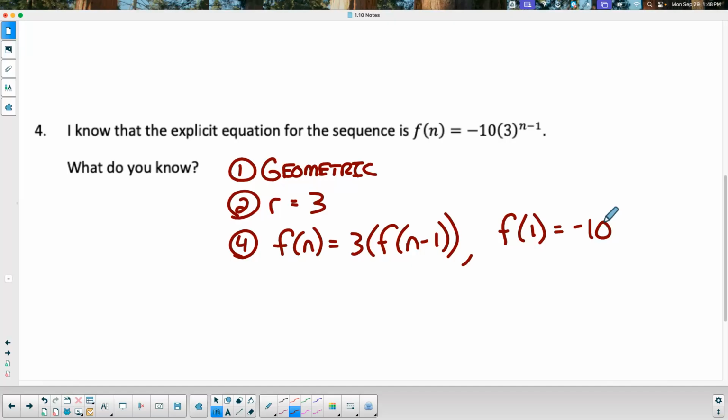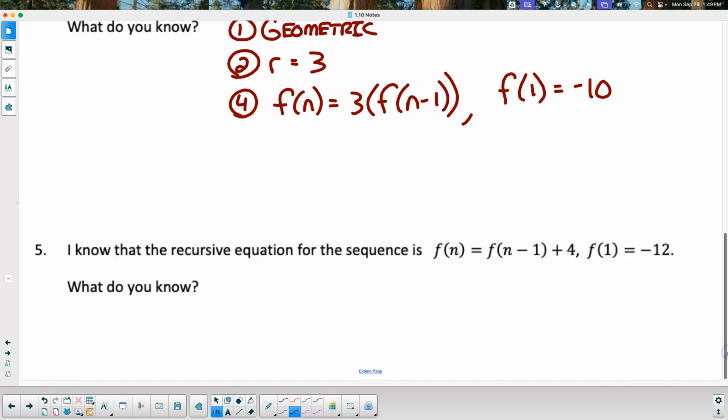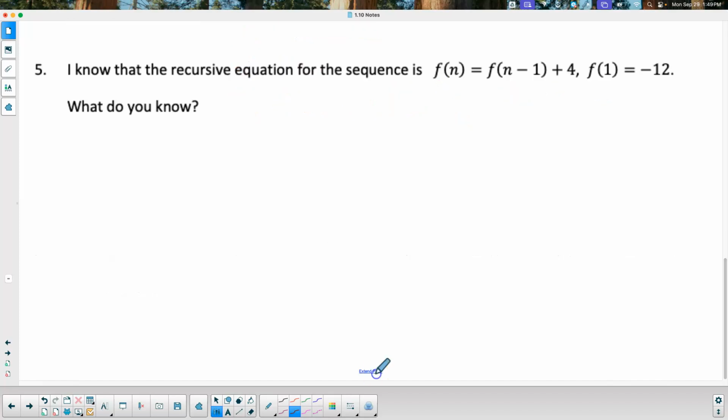Fifth one. Which type is it? Why is it arithmetic? We don't have any exponents in any recursive. Because it says we're adding 4, right? We're not multiplying by 4. We're adding 4. So that makes it arithmetic.